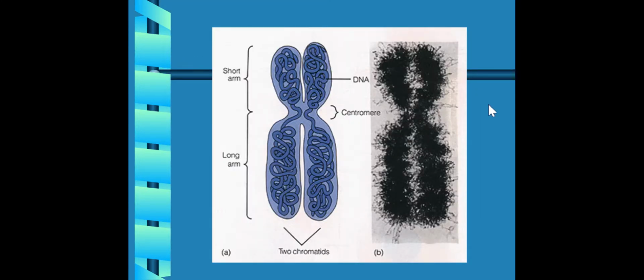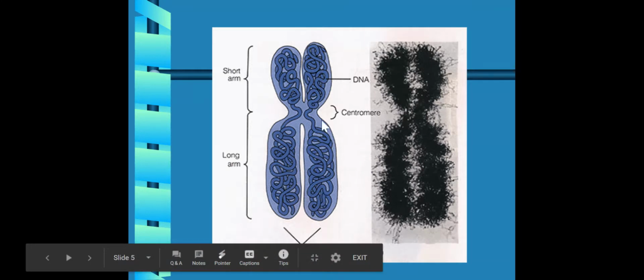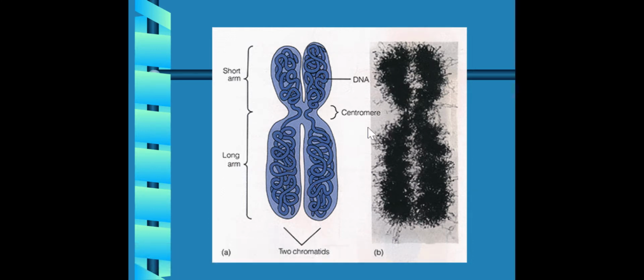So this is what a chromosome looks like, and I want you to draw this. There's a space on your notes for you to draw this. Here's the cartoon version, and then here's an electron microscope picture of it. So it's tightly compacted DNA, and there's actually two copies of it.